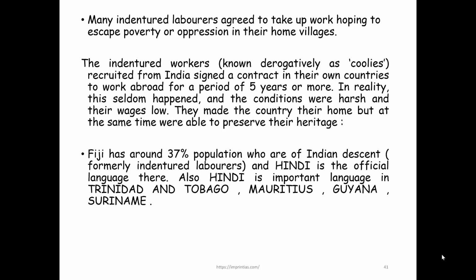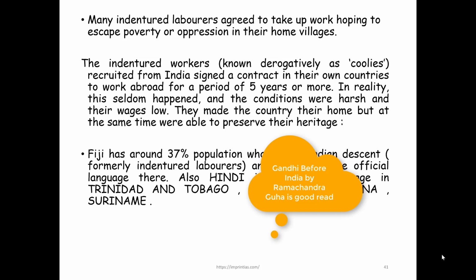So indentured labor agreed to take up work to escape poverty or oppression in the home village. The caste system also was a reason for this. Indentured laborers were known as coolies, and this is mentioned if you have read Gandhi Before India by Ramchandra Guha. So that would be one.